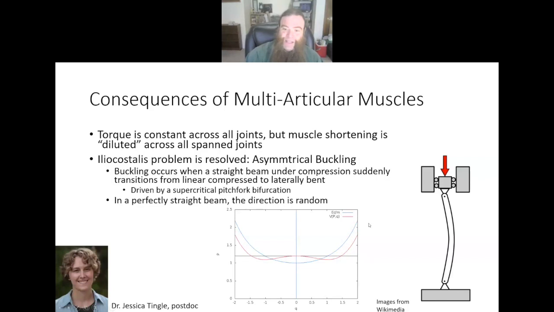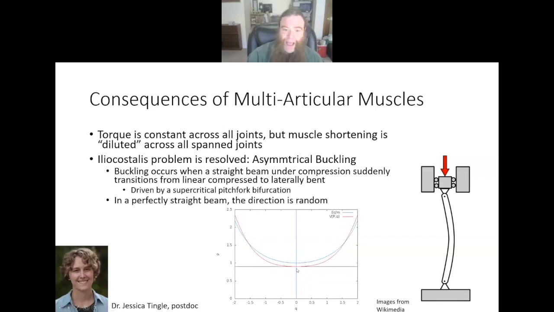The red is the energy landscape. The vertical is how much energy. The horizontal axis is the curvature to one side or the other. When you first start loading it, the energy minimum is the bottom of the trough, right in the middle.